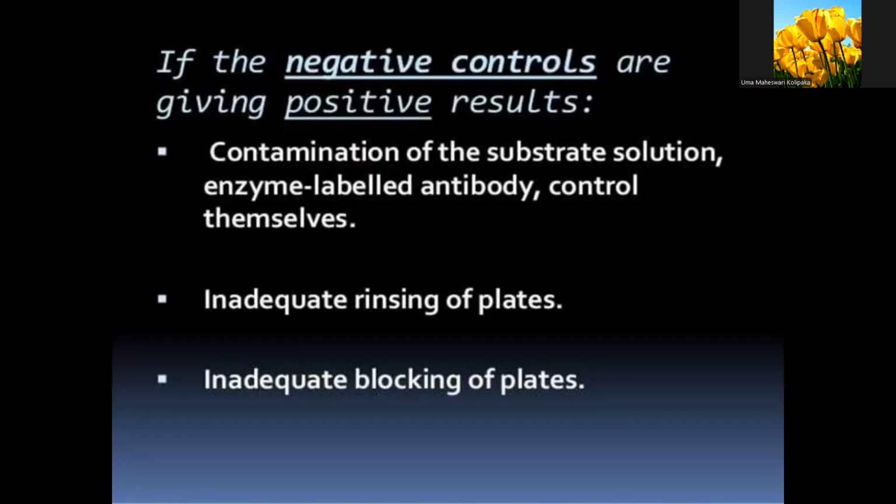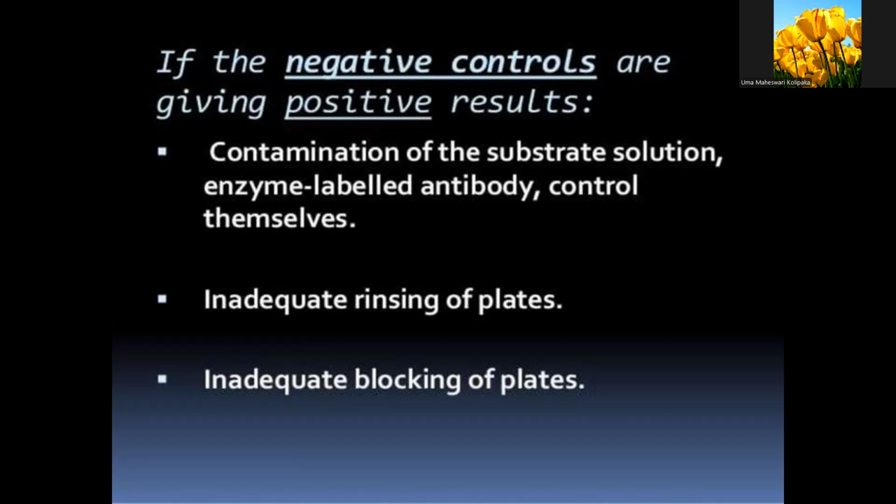Next, troubleshooting in ELISA. If the negative controls are giving positive results, the causes are contamination of the substrate solution, enzyme labeled antibody controls themselves, inadequate rinsing of plates, inadequate blocking of plates. These are leading to the problem with the negative controls.